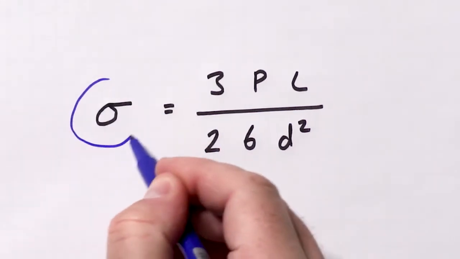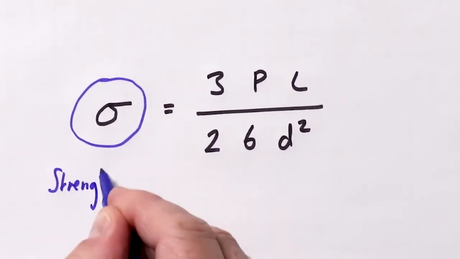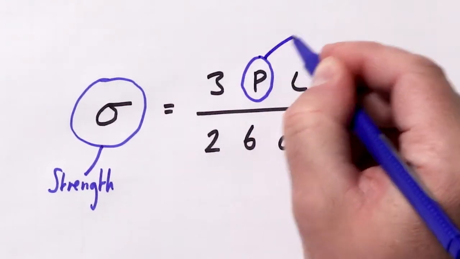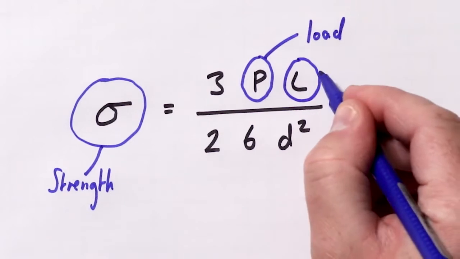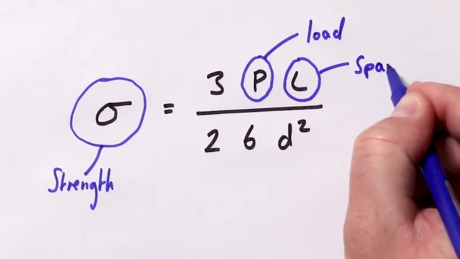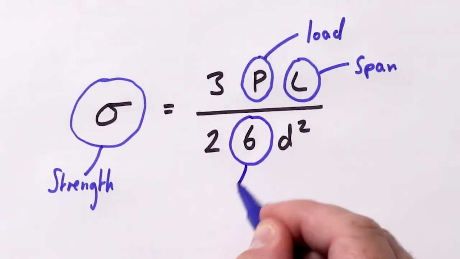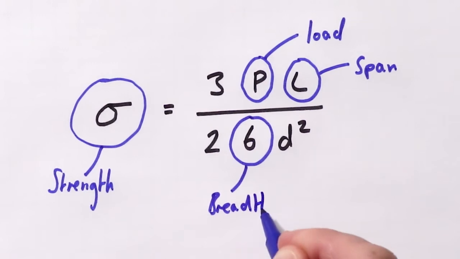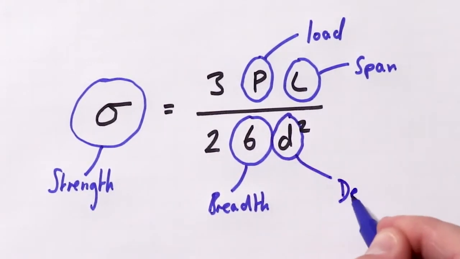So this section here is strength. This is load. This is span. Don't worry if you don't understand what I'm talking about here. This is just an example. This is the breadth. And this is depth.